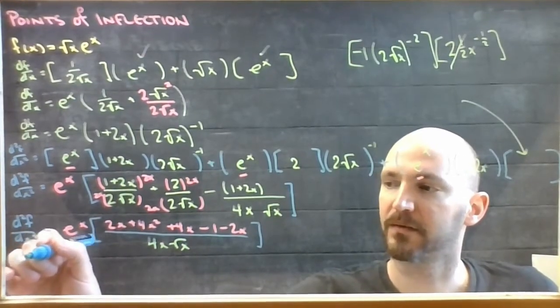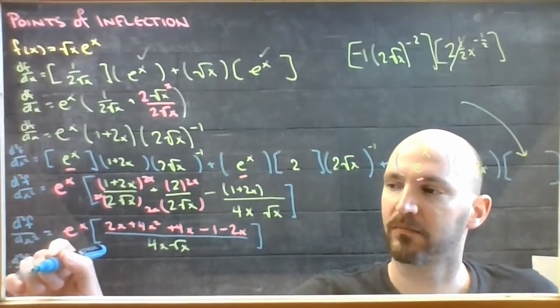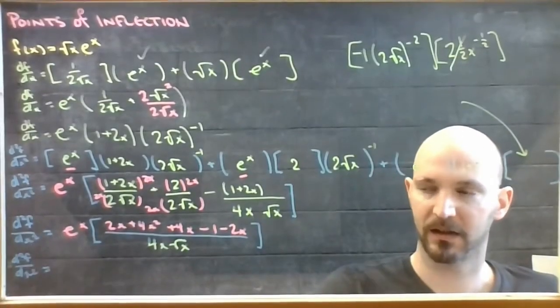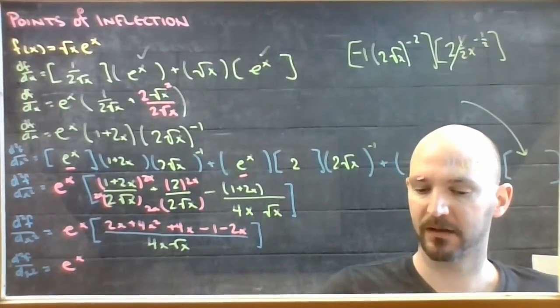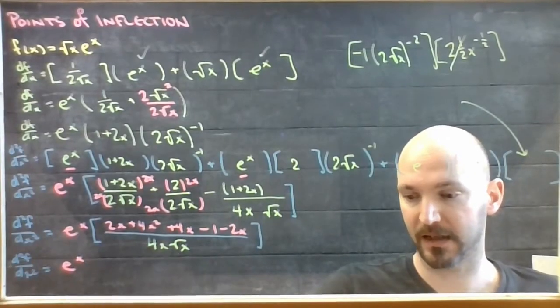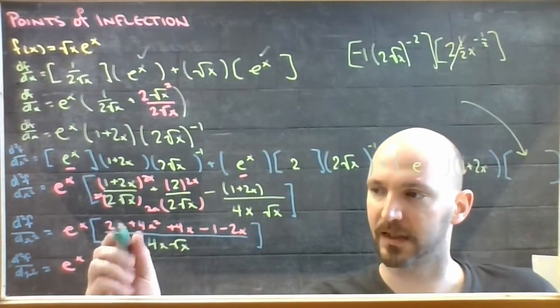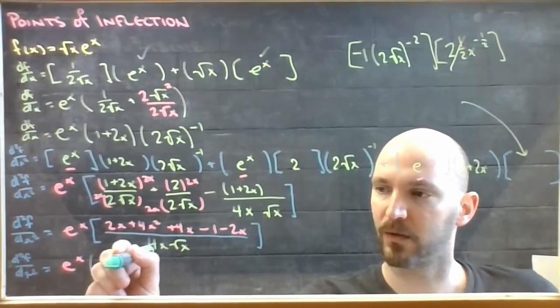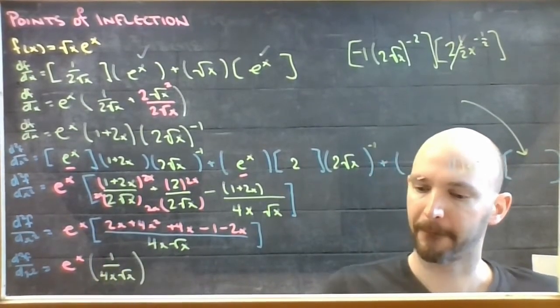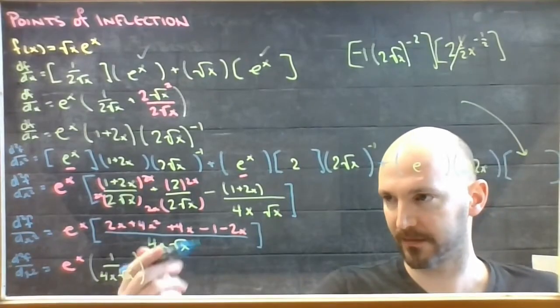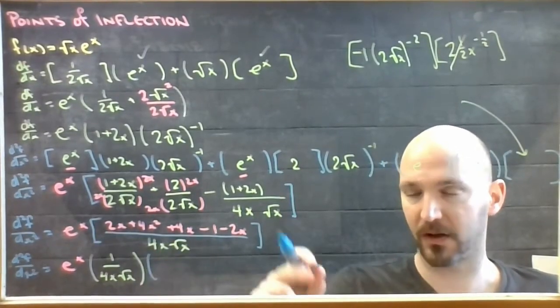Second derivative of f is e to the x. That's my first piece. The next piece is this denominator. It's a 1 over 4x root x. And my third piece is this polynomial here.